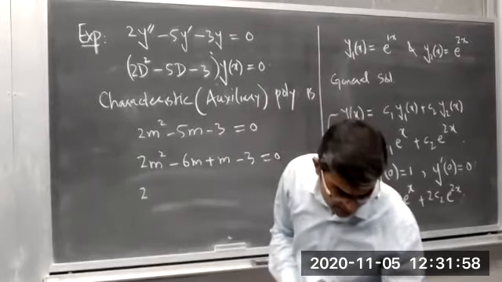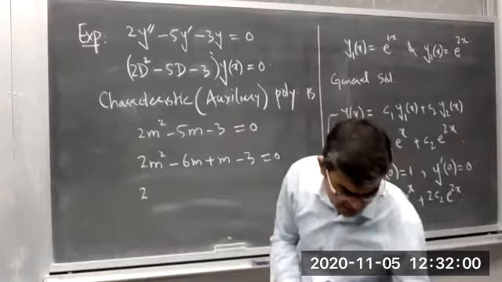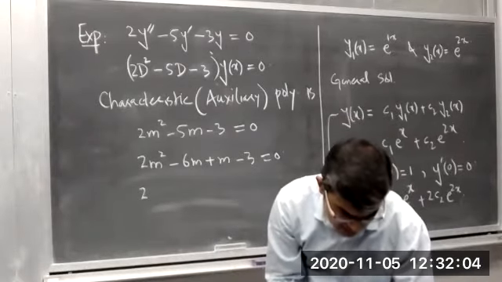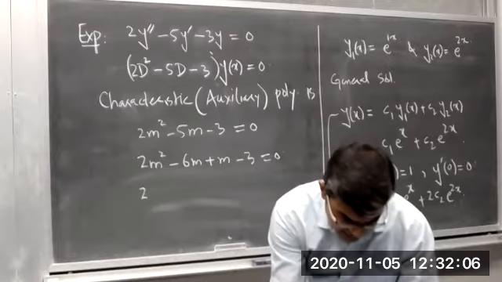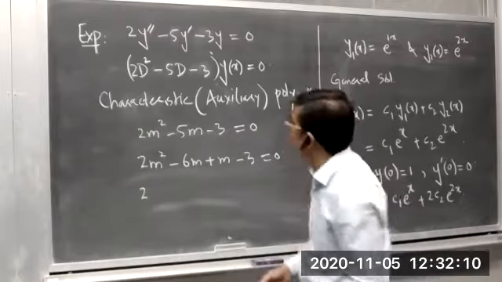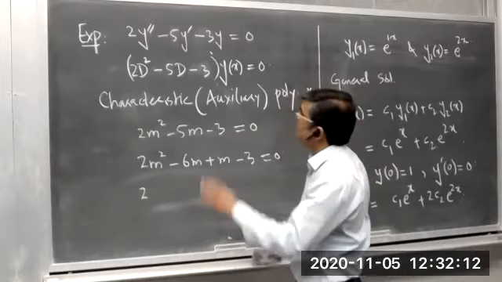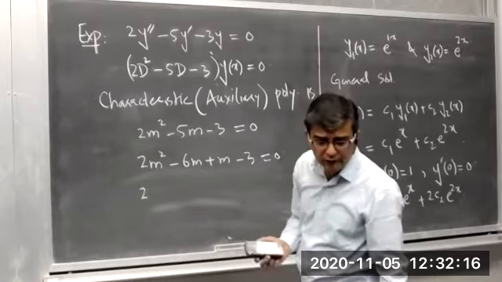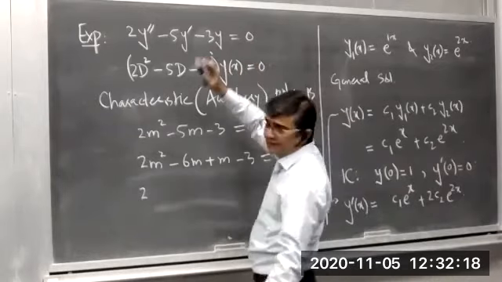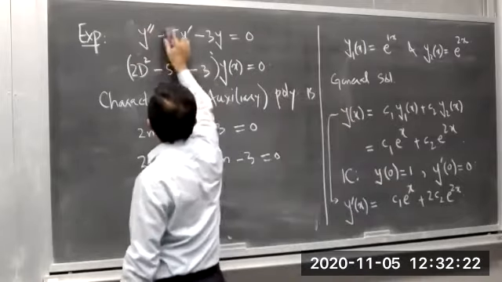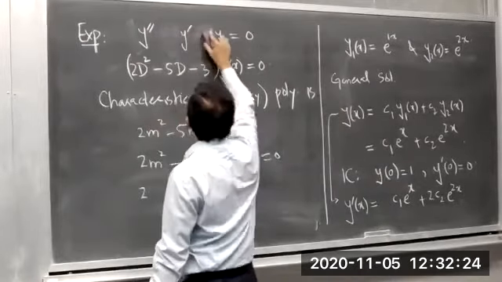Just a second. Let me see whether this has the same roots. No, we are trying to discuss case 2. In this case, we will not get the same roots. So let me change the equation again. Sorry for this.